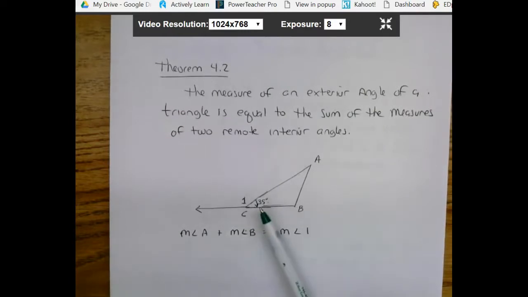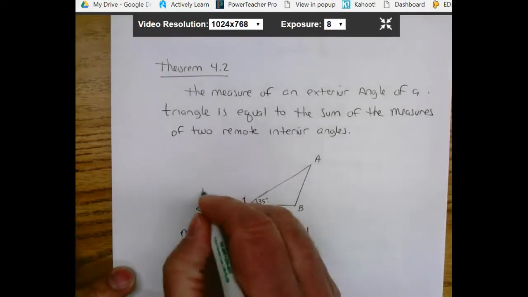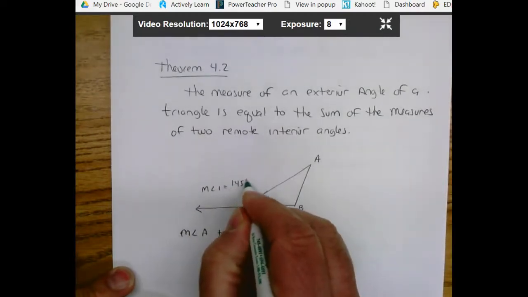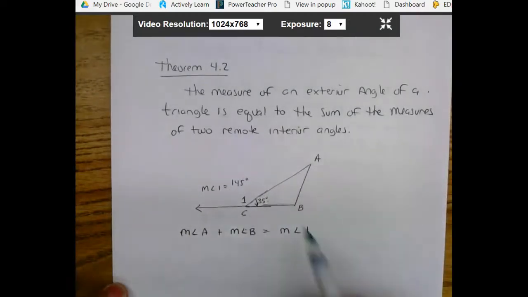So we know C is 35 degrees, and we know this straight line forms 180 degrees, right? So the measure of angle 1 has to be 145 degrees.